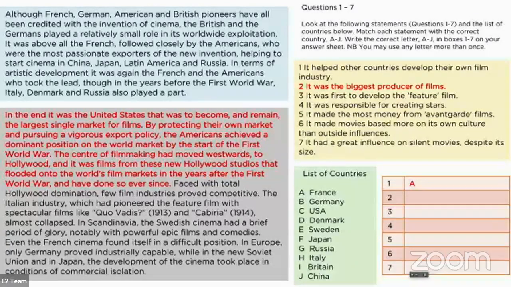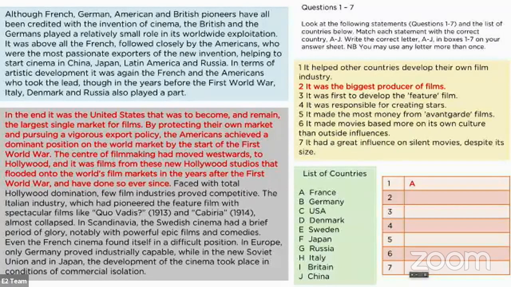In other words, which country, France, Germany, USA, Denmark, Sweden, Japan, Russia, Italy, Britain, or China, was the biggest producer of films? Well, it says here in the passage at the top of paragraph 2, in the end, it was the United States that was to become and remain the largest single market for films.